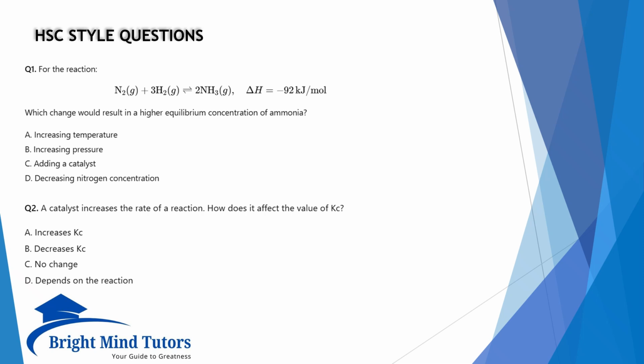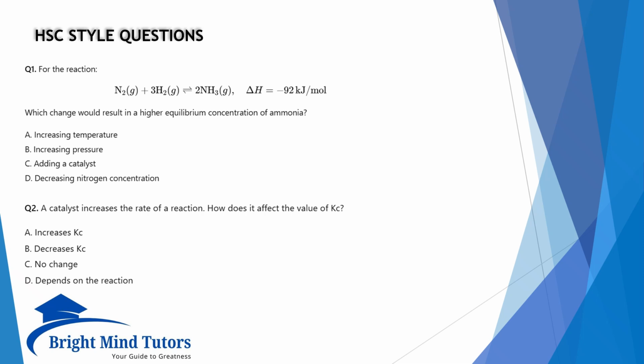So see, they are asking, what would lead to the higher concentration of ammonia? Like I want to produce more and more NH3. If I try to increase the temperature, no, the reaction is already liberating the heat, so I can't. And let's try to rule out the options. Like D says adding a catalyst. Catalyst actually has no effect. Decreasing the nitrogen. Okay, if I try to decrease the nitrogen, what's going to happen?